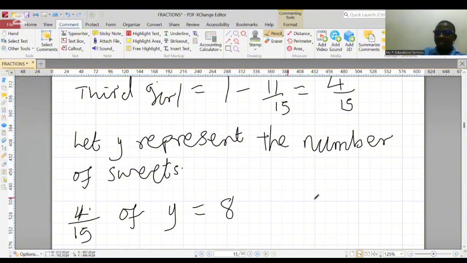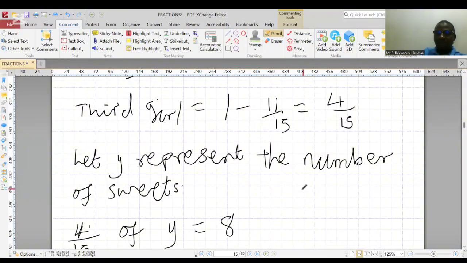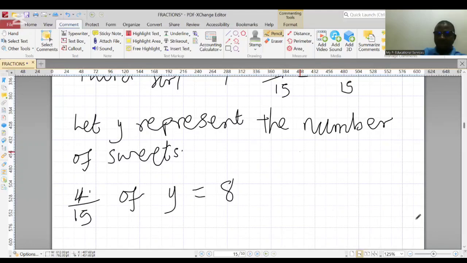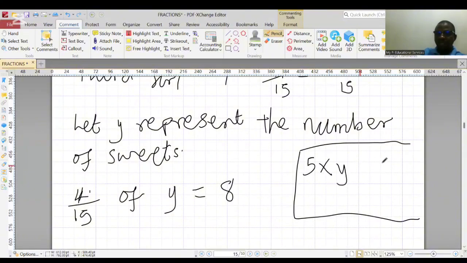Now, let me quickly take you back to this. When you have a multiplication like this, let's say we have 5 multiplied by y equals 10. What does y represent? Of course, we say 2. How do we get 2? 5 times 2 is 10, so y is 10 divided by 5, which gives 2.